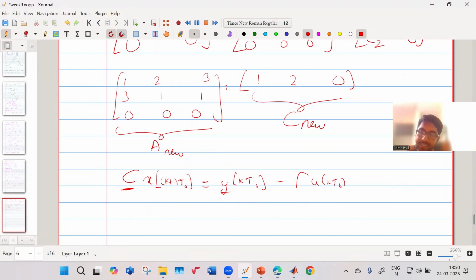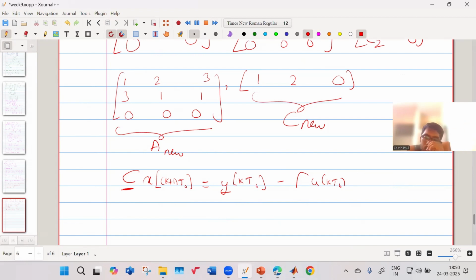So u is a discretized version of the input using a zero order hold. So there's a zero order hold at the input that is flowing to your system. And y bar is a vector of the sampled output.